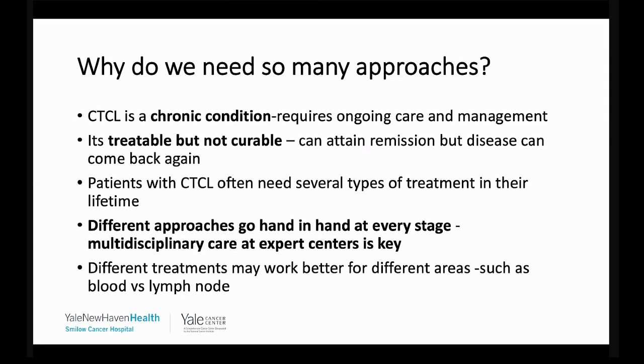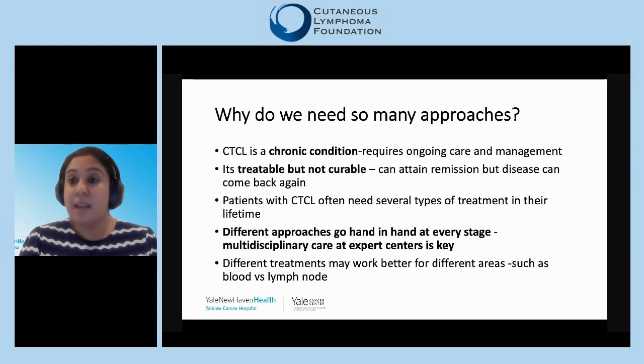Patients with CTCL often need several types of treatment in their lifetime. Different approaches, regardless of the stage, go hand in hand. And that is the reason that multidisciplinary care is important not only at the time of the initial diagnosis, but on an ongoing basis. Therefore, having access to an expert center is very important.